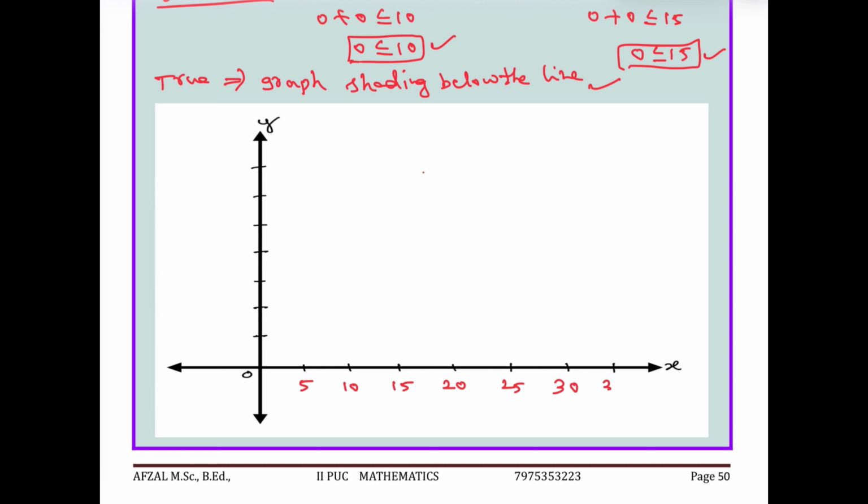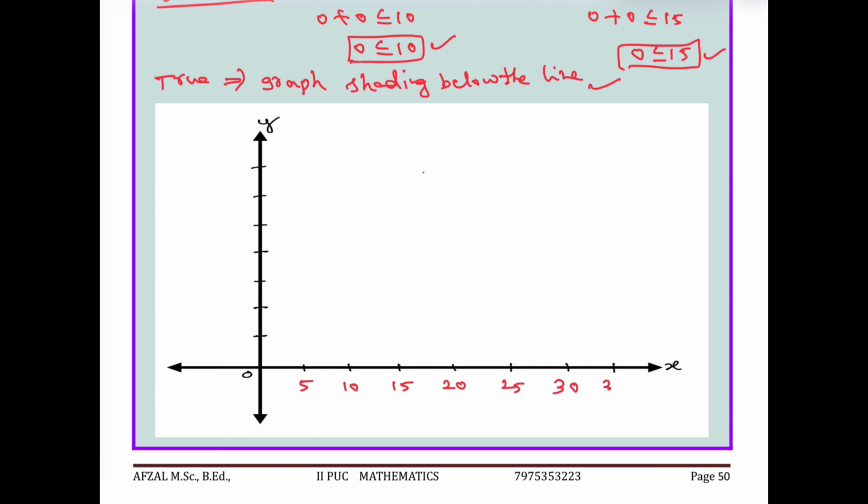That means dy by dx plus 2xy divided by 1 plus x square equals cot x divided by 1 plus x square. Now this is in the form of dy by dx plus py equals q. Now p is 2x divided by 1 plus x square, q is cot x divided by 1 plus x square.